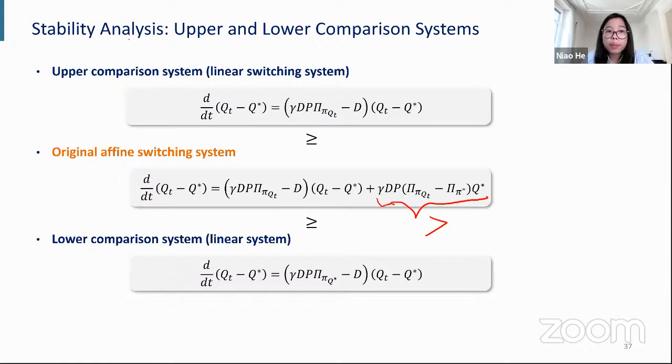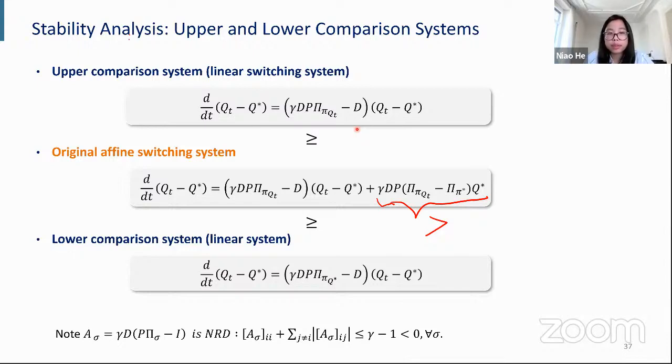If you look at the upper comparison system, since it's a linear switching system, if you're able to show that the sufficient and necessary condition holds true, then it is also asymptotically stable. In fact, we can show that this matrix A sigma here is by itself a negative row dominant matrix. Hence, you can just construct the full rank matrix as identity, and this will immediately give you the sufficient condition you need for asymptotic stability, right.